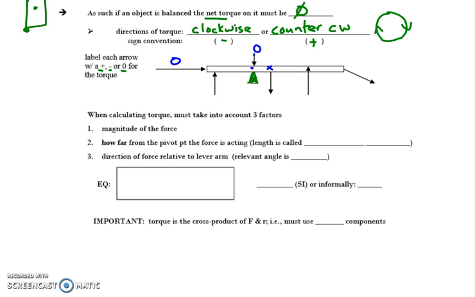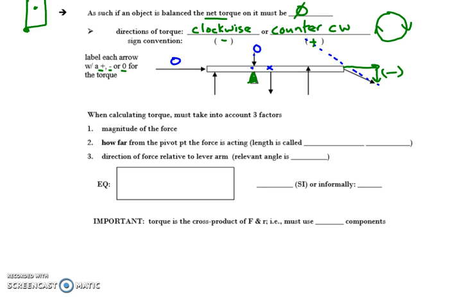If I go to this force right here at an angle, I see that if I extend my line of force, it is definitely not passing through the pivot point. So there is a torque. Now the question is, is it going to be clockwise or counterclockwise? We'll talk about this a little bit more later. But there are 2 components to this force: a rightward component and a downward component. The rightward component passes through the pivot, so that does not contribute to torque, but the downward component does contribute to a clockwise torque, so that's a negative torque.